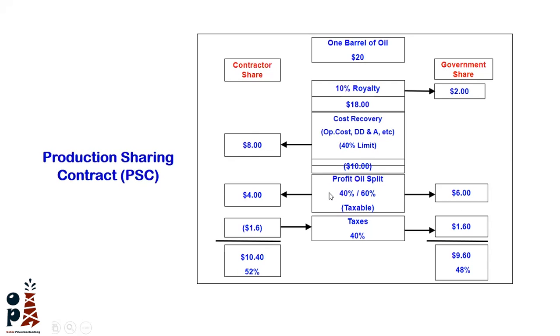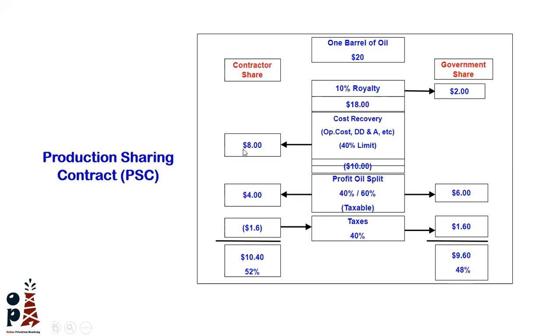And again, the contractor will pay taxes to the government, which is 40% of $4, which is 1.6 to the government. So the government will take 2 plus 6 plus 1.6, which is 9.6, which is 48% of the total profit.